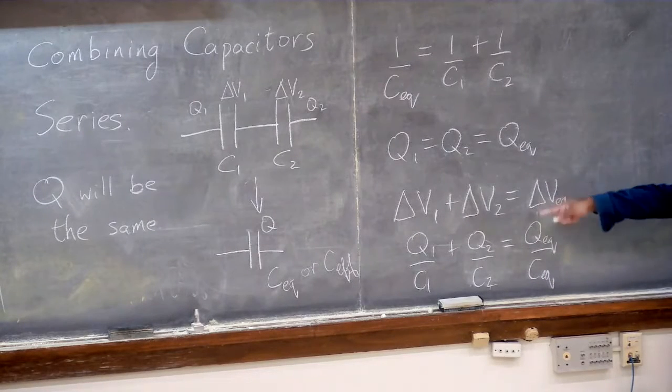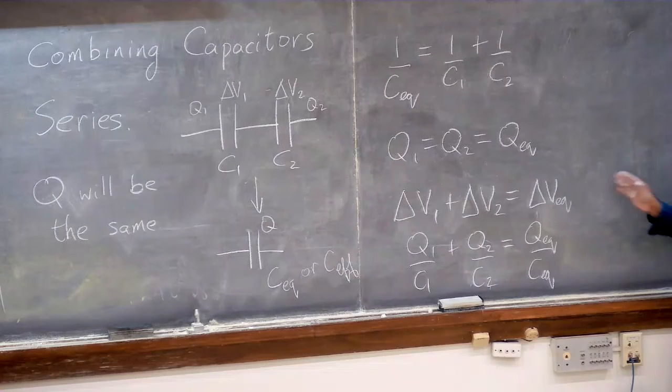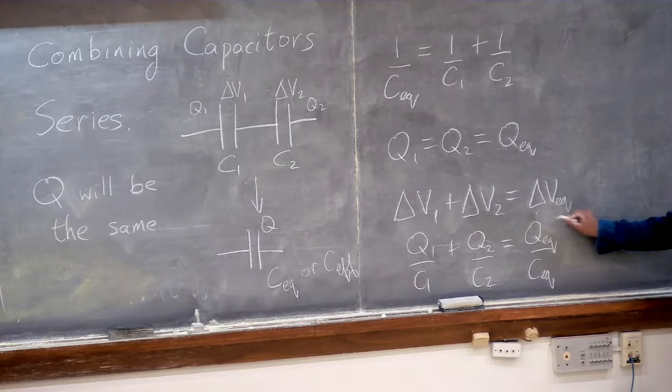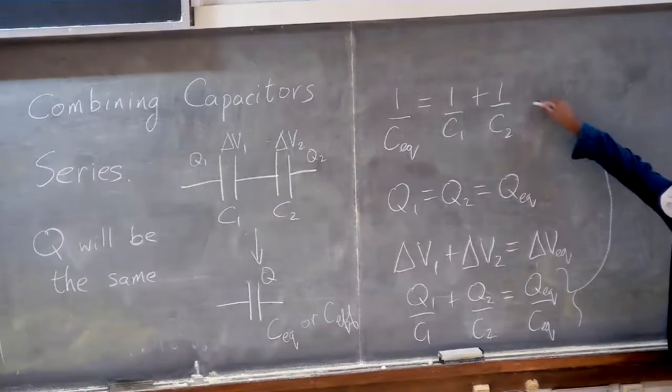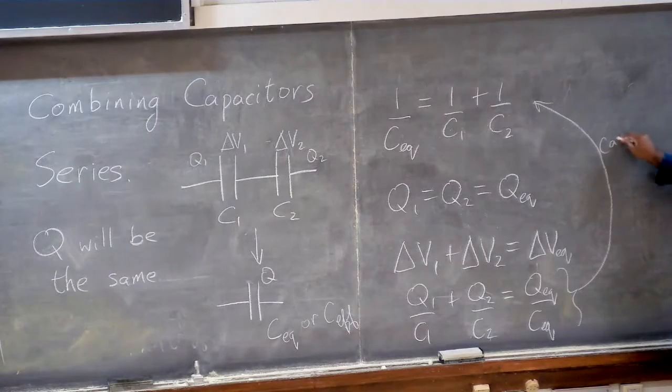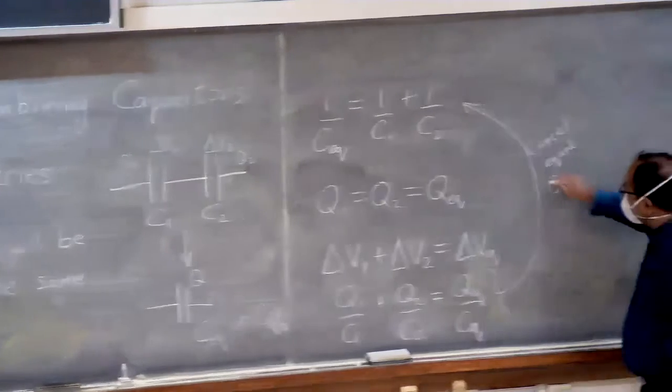But I know that Q1 is Q2 is Q equivalent, so I can just cancel out all those Qs, and that's how I end up with this equation. Take a moment to absorb, and ask questions if any of the steps are unclear. After this step, I'm just cancelling the equal Qs.